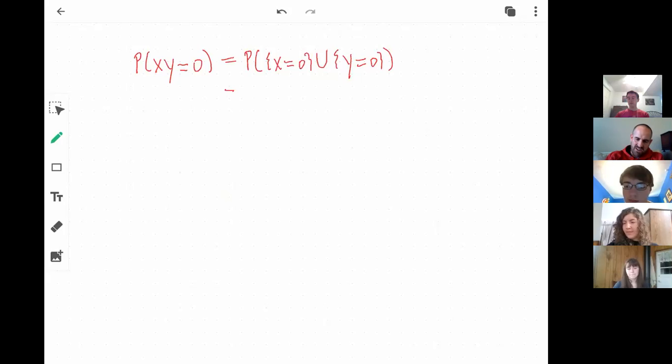Okay, so you have to be a little bit careful. It's going to be the probability that x is 0 plus the probability that y is 0. Is that it? I just added the probability that x is 0 and y is 0 twice. So what do I have to subtract off?